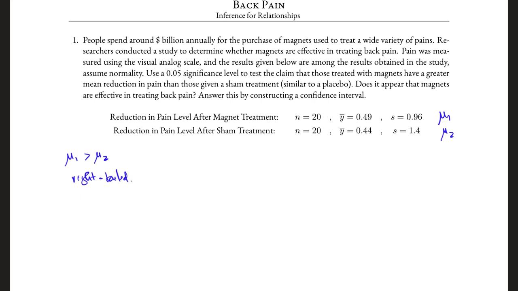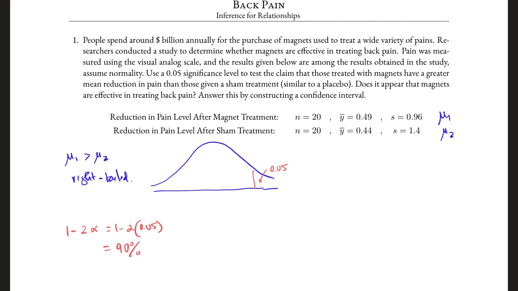With the right tail test, given that the significance level is 0.05, then we would construct 1 minus 2 times alpha, or 1 minus 2 times 0.05, which is a 90% confidence interval.